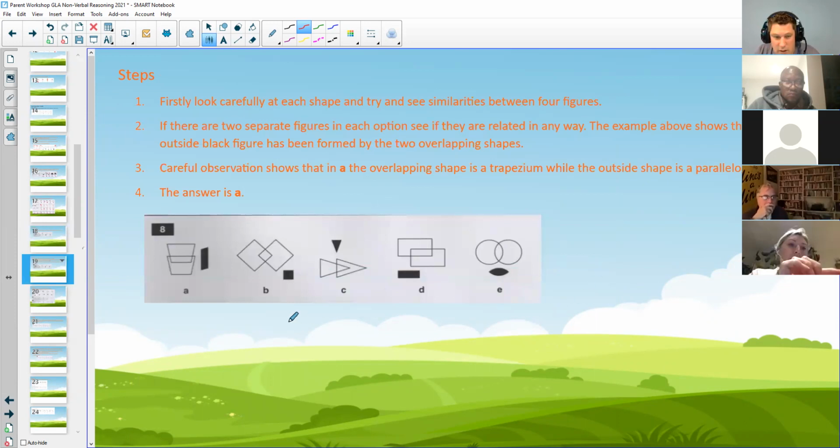Is there anything within those shapes or designs or figures that you say, actually, there's something similar about them? Once you've found that similarity, then it's about seeing if there is one that is different. This one does take a bit of careful observation because the shape that is on the outside, the little bold shape, is actually an overlap of the 2 bigger shapes.